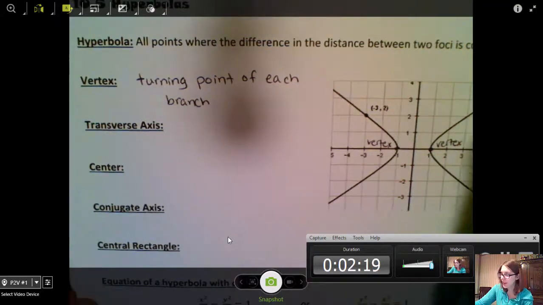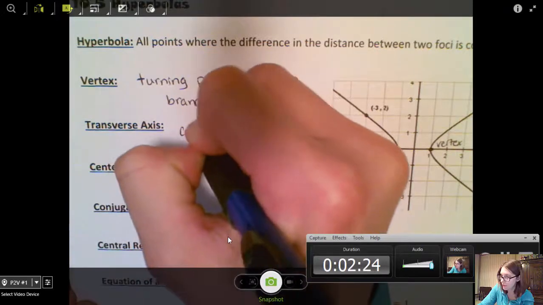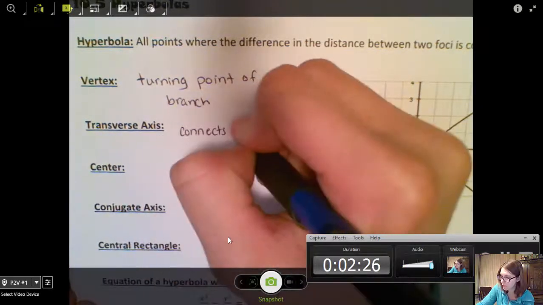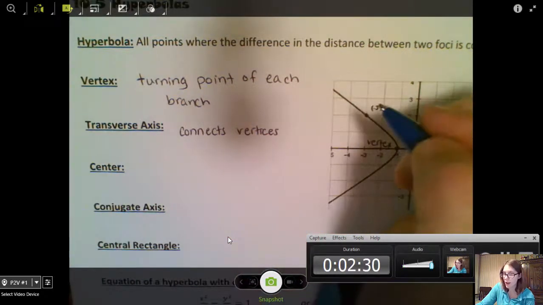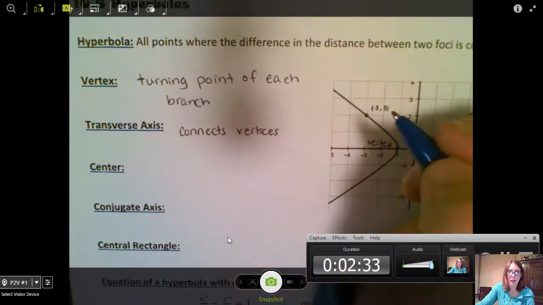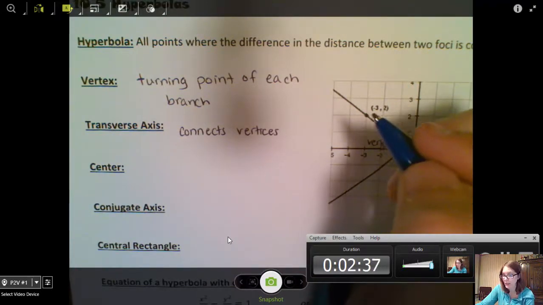The transverse axis is the axis that connects the vertices. Kind of similar to our major axis and minor axis for ellipses, it's called the transverse axis.